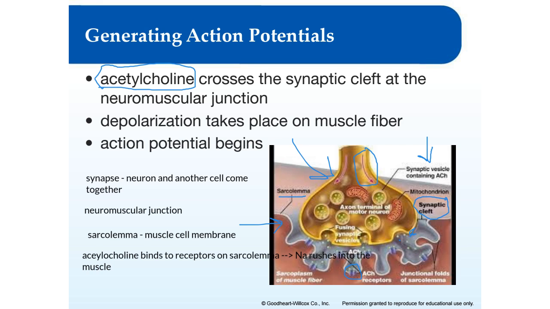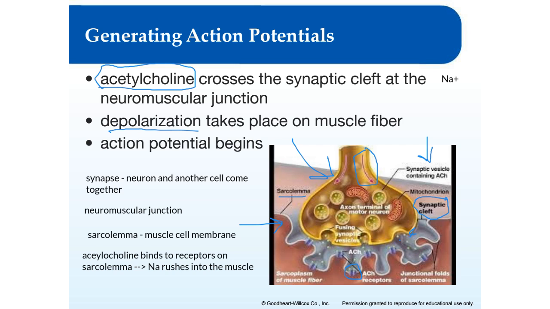And what that does is it causes this depolarization. See up here in your information where it says depolarization takes place on the muscle fiber. So that depolarization is a result of that sodium rushing in. Sodium is an ion, right? And sodium is a positive ion.